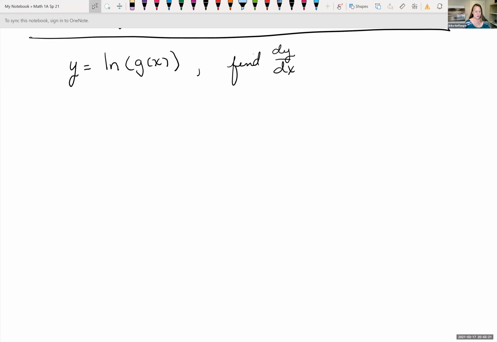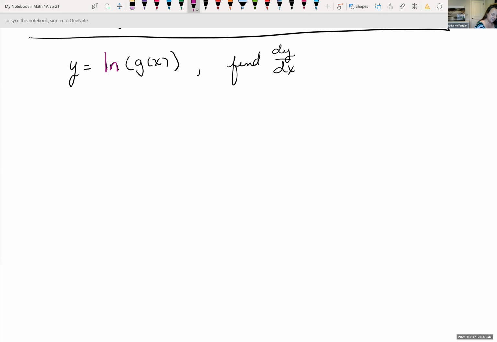Okay, so I said that it wasn't going to be so simple when we are taking derivatives of logs. Let's say we have y equals the natural log of some function g of x. That g of x could just be x, or it could be something else. But that tells us we need to use the chain rule, and you need to identify the outer function.